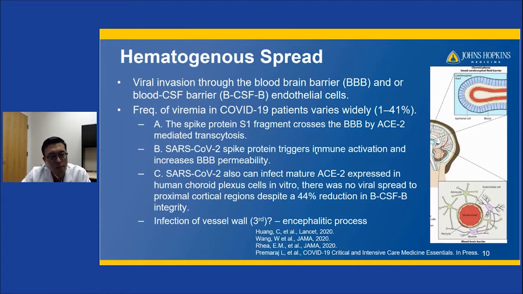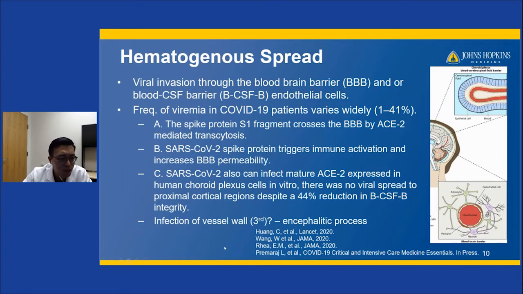And SARS-CoV-2 can also infect mature ACE2 expressed human choroid plexus cells in vitro. Although there was no viral spread to proximal cortical regions, despite 44% reduction in blood CSF barrier integrity.